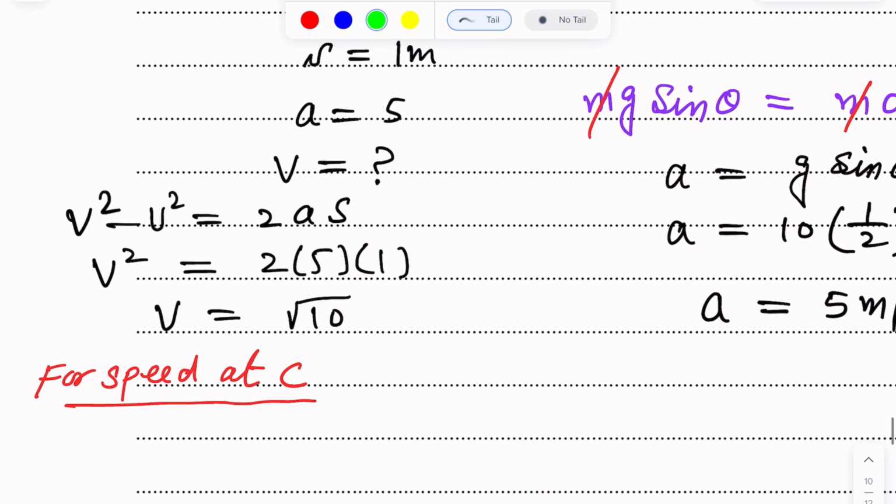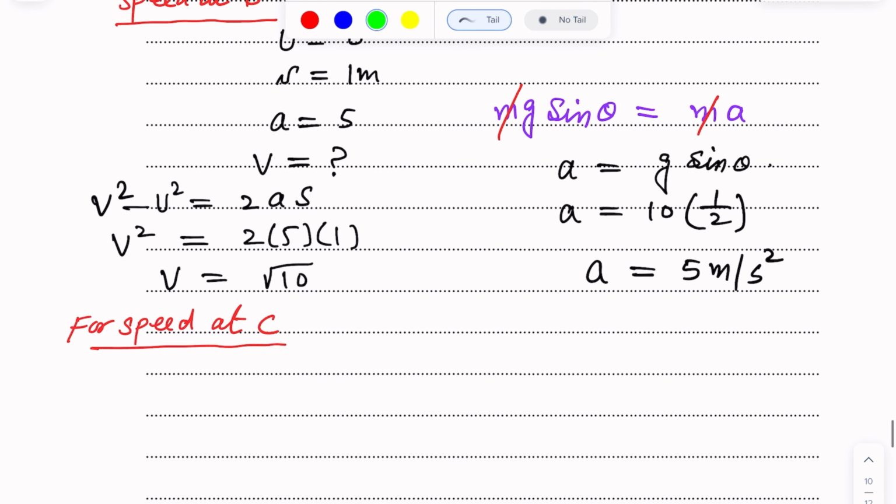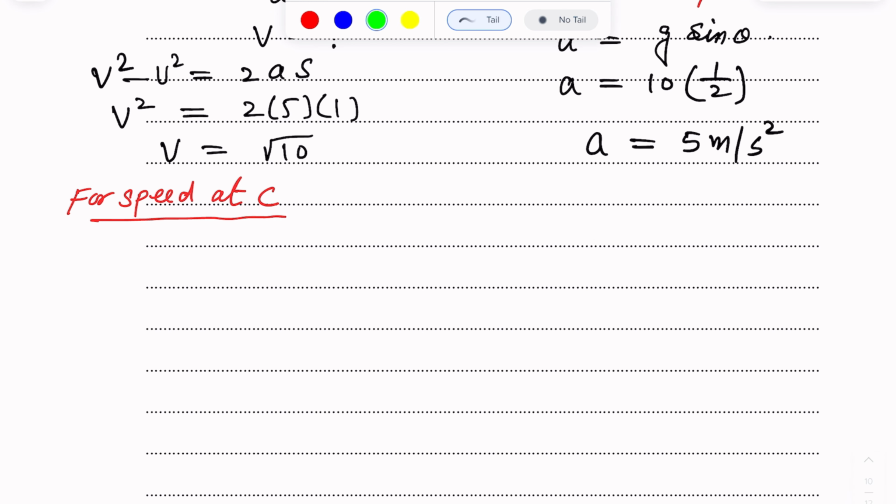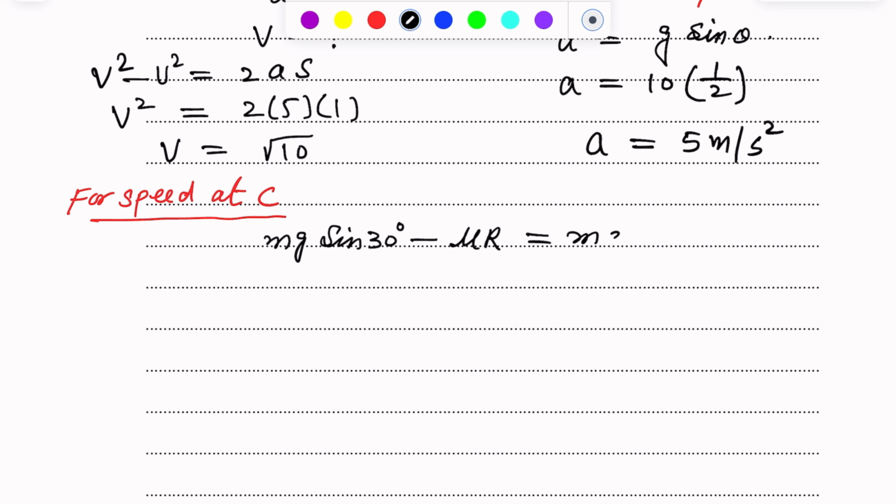So at point B, for acceleration, we are using Newton's second law of motion again. mg sin 30 degree, the component of the weight, minus mu R, the force of friction, is equal to ma.